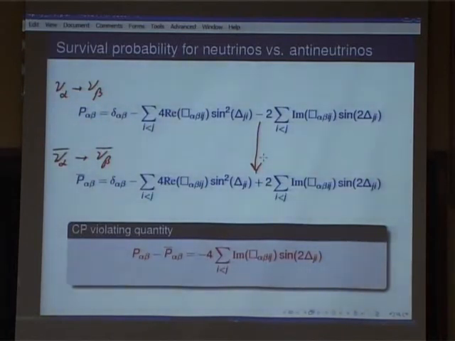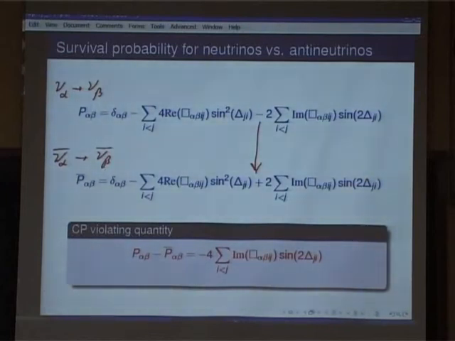So the only difference between neutrino probabilities and antineutrino probabilities is that this third term changes. This is the reason why this third term was called the asymmetry, because it separates between nu alpha to nu beta and nu alpha bar to nu beta bar.